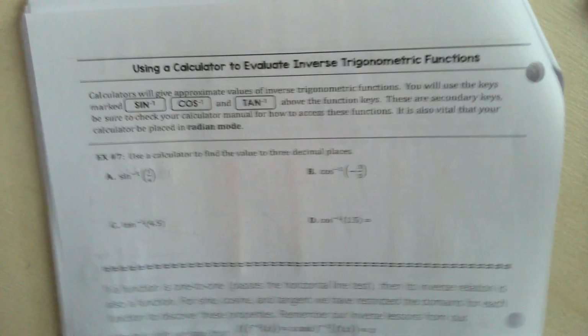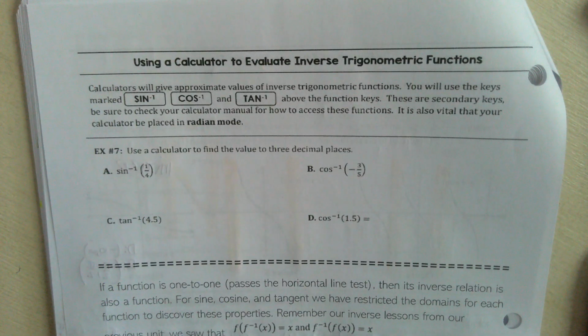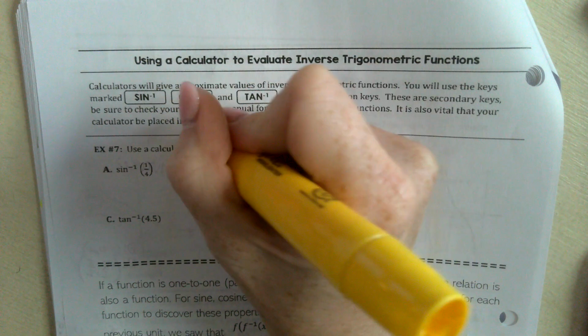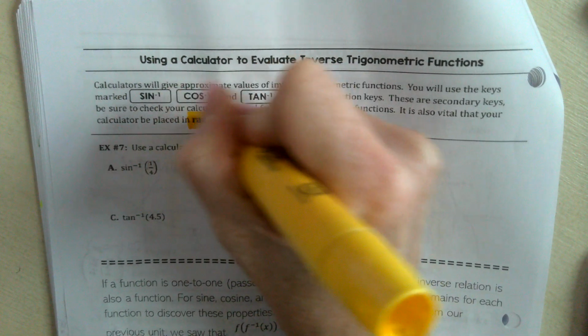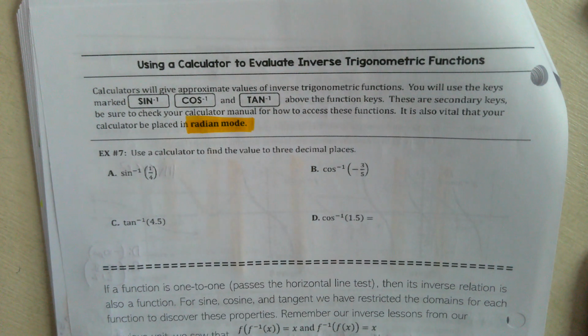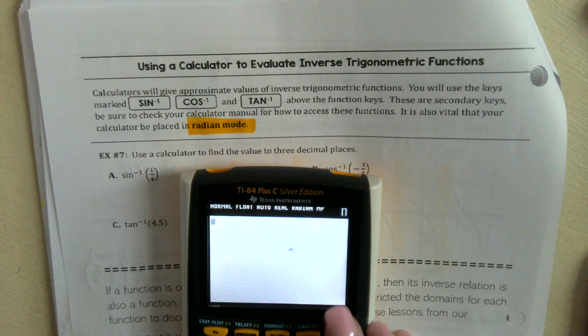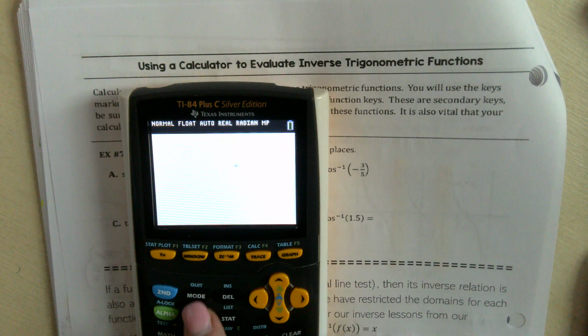Grab your calculator, okay? Our calculator is a handy tool. However, our calculator must be in radian mode, okay? So how do we check the mode on our calculator? You literally hit mode.